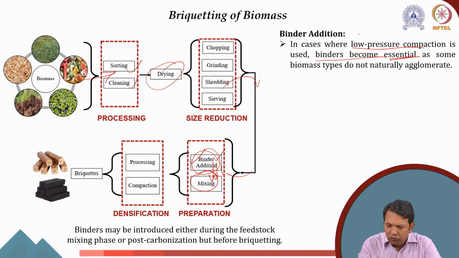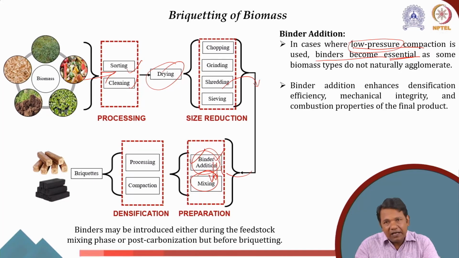Right now we are discussing about the low pressure. Especially wherever we have low pressure compaction, the binders are very essential because they help in binding, and then there are some kind of biomass which do not aggregate naturally. So you need something to aggregate them.